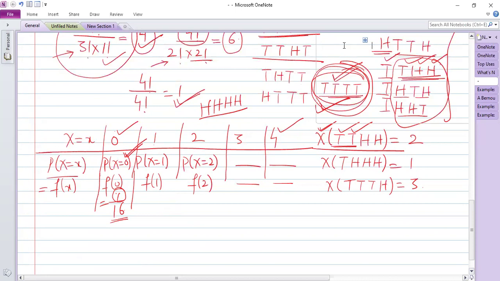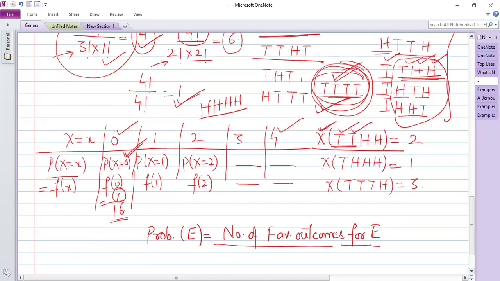Here we are using the very classical definition of probability. The probability of any event E is nothing but the number of favorable outcomes for the event E divided by the total or exhaustive number of outcomes.